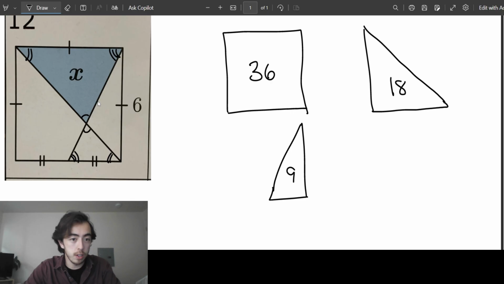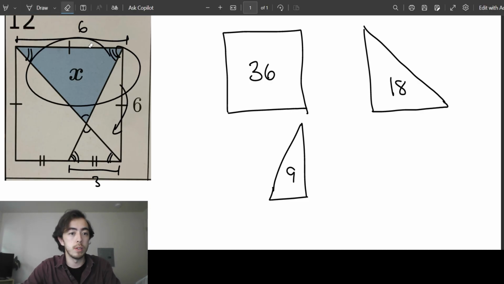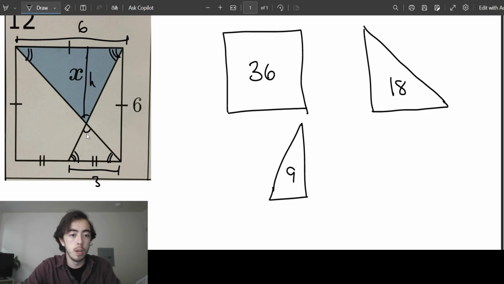And if we have similar triangles, then I know that their lengths are proportional. So this is a 6 and this is a 3. So essentially every linear distance is halved going from the big triangle to the small one. What's cool is I don't really know what this height is, but I do know that this height is also halved, again, because they are similar triangles.